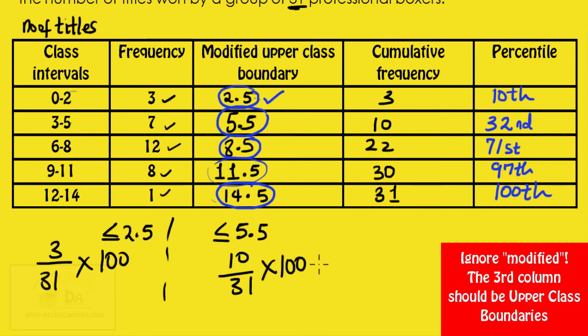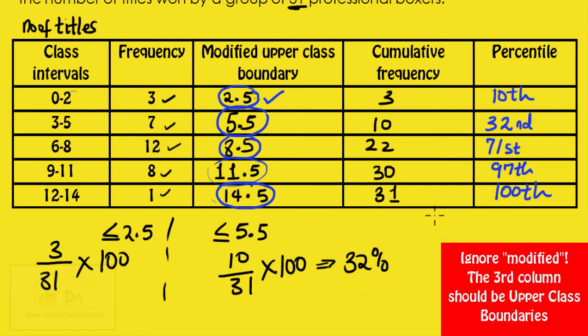Multiply this by 100 to give you a percentage, and it tells you that approximately 32% of the boxers have won at most 5.5 titles. That means this number of titles, 5.5, lies at the 32nd percentile.